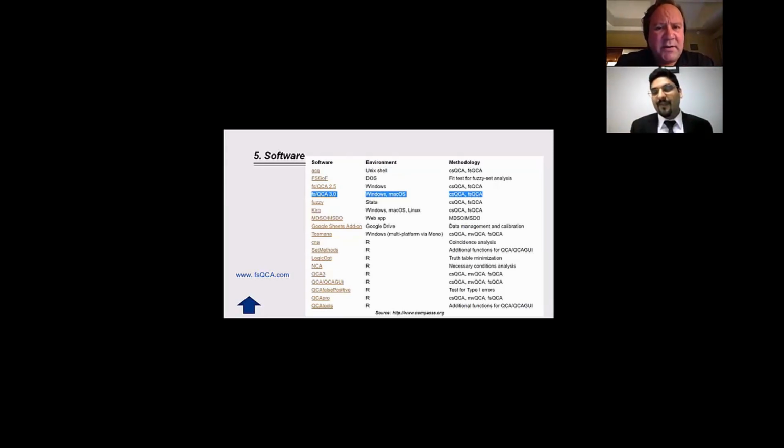Okay. Another question. How to calibrate financial data in fsQCA, for example, for accounting ratios? Yes, calibration is a technical process.